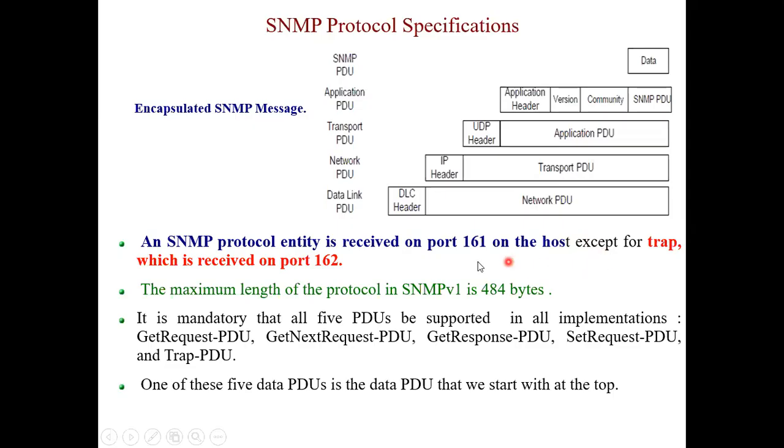Right now, you just remember it. We are using UDP for communication in SNMP, and that UDP communication takes place using two ports, that is 161 and 162. In the next lecture, we will again see the agent sending to the manager, the manager sending to the agent, and how we are receiving on port 161, 162, or any other port.